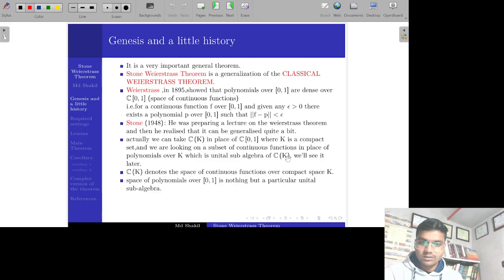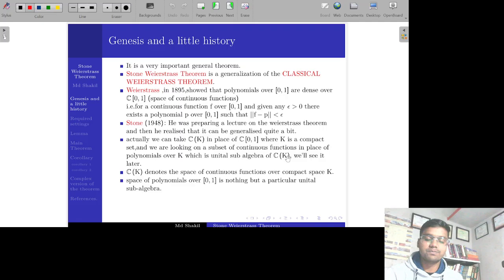So the space of polynomials on [0,1] is a particular unital subalgebra. When we take the particular case of C(K) as C[0,1], then we take the particular case of the unital subalgebra as the set of polynomials on 0 to 1. Then the classical Weierstrass theorem becomes a particular case of the Stone Weierstrass theorem.